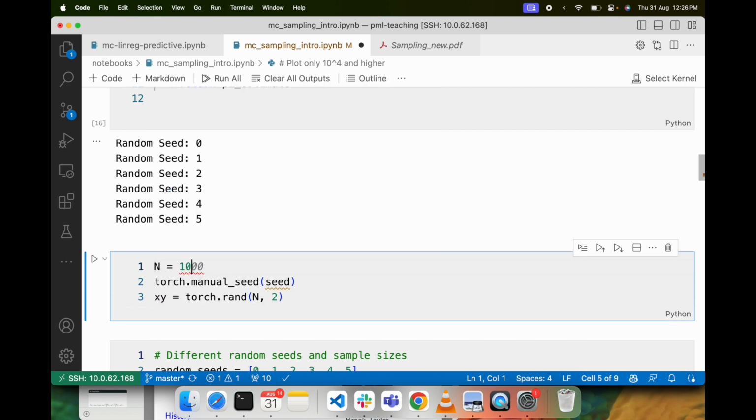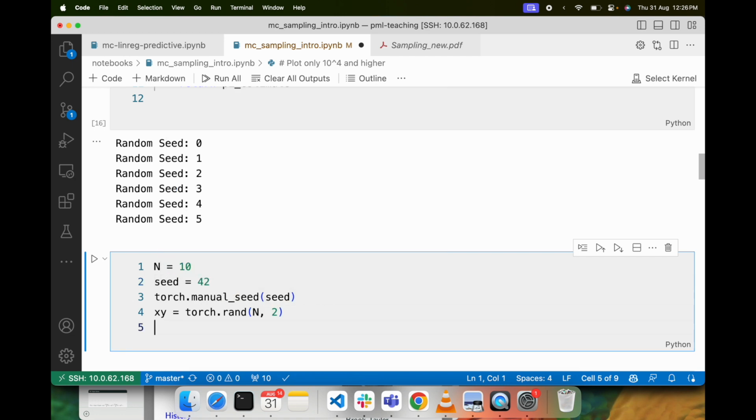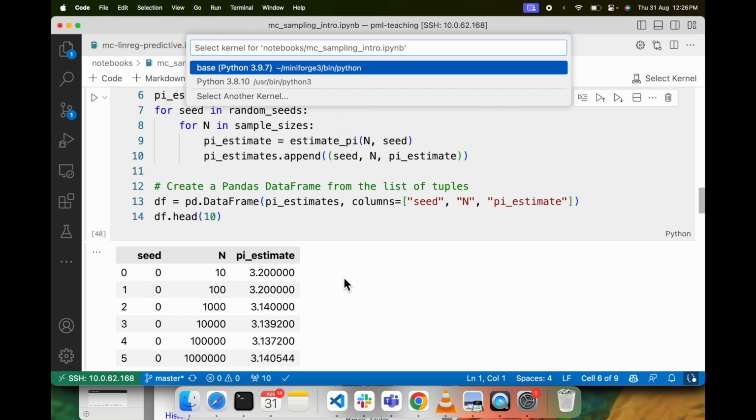Let's say n equal to 10 and seed equal to 42. So we get this.